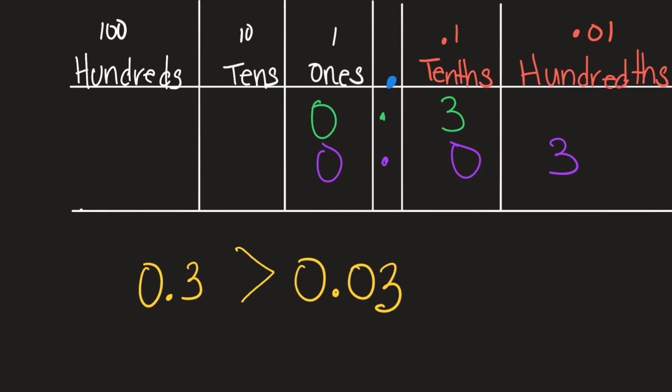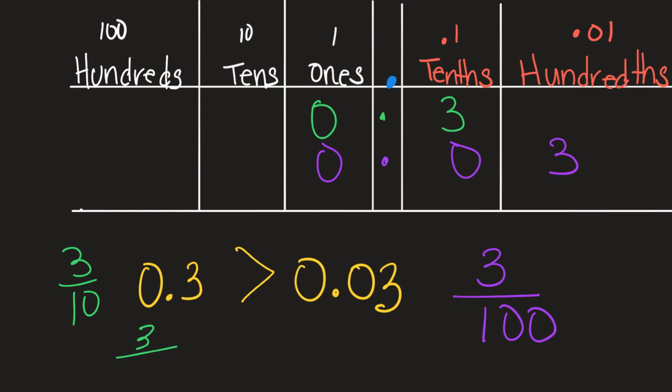Now if we do the same thing, we put it in a fraction. So this is 3/100, which is this, and this one here is 3/10, which is this one. Now we want to get the same denominator, so we multiply 3/10 by 10 so we can get a denominator of 100.